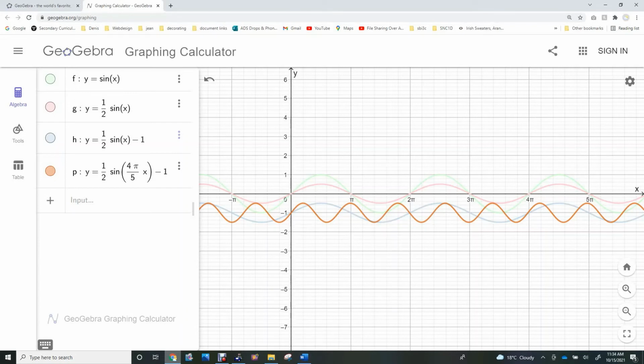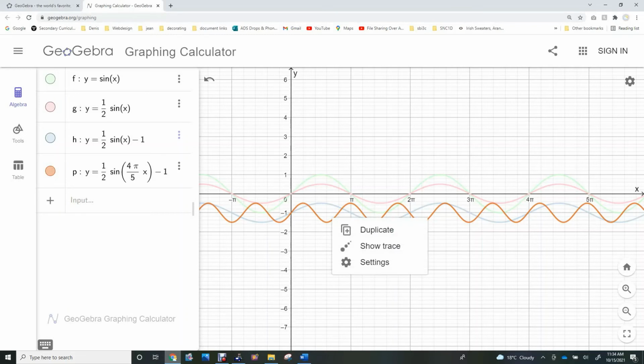So out of 5 possible subticks, it took 4. So we have 4 out of 5. But it's still using our pi as our reference measure. So what this does, the 4 pi over 5, it actually changes the length of one cycle. Not the height, because that was your amplitude, but the length. And that's what the orange is showing us.